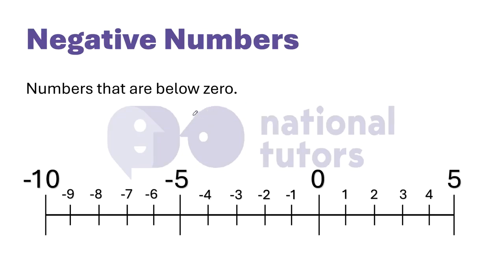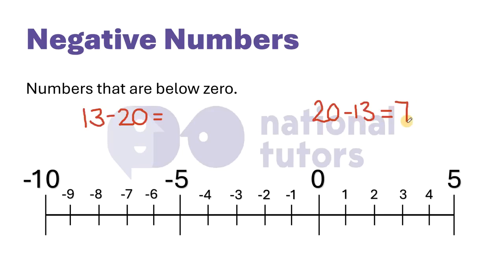So if we're starting with 13, we count down 13 to get to 0, and then work out how many extra we have. To break it down a little further, if 13 will take us to 0, if I over here work out what 20 take away 13 is, I know that leaves me with 7.